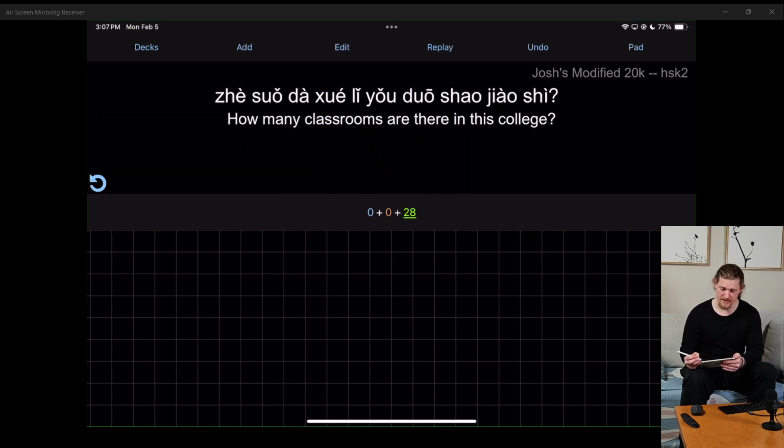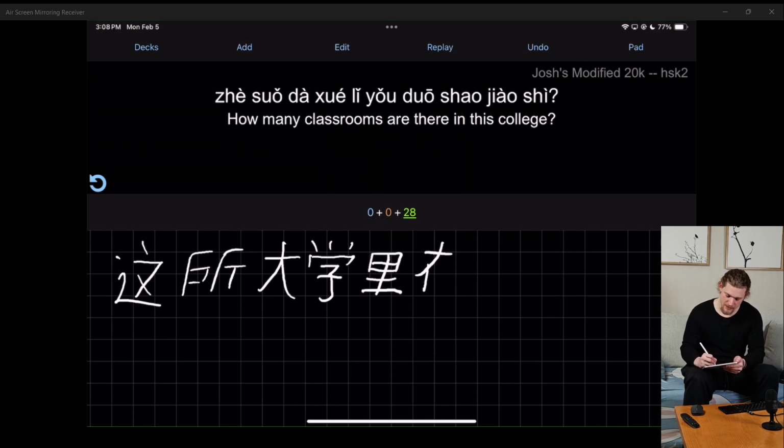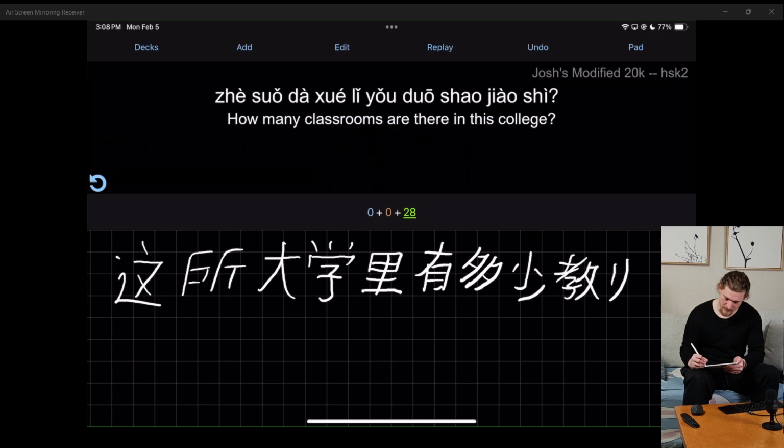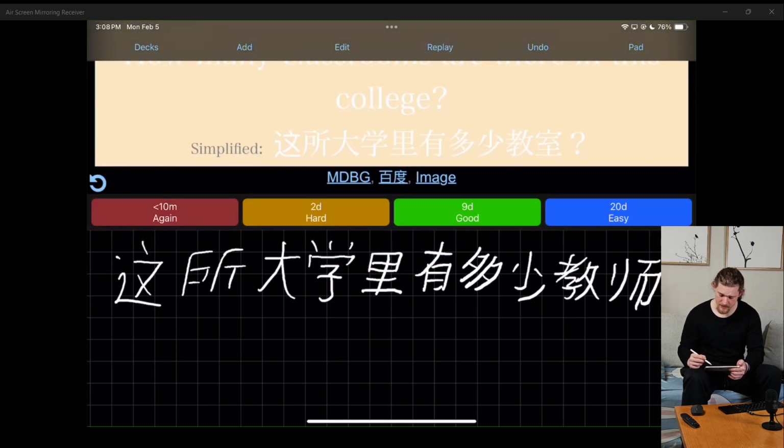这所大学里有多少教室？这所大学里，哪里的里？这里的里。有多少教室？这所大学里有多少教室？Oh, got that wrong.